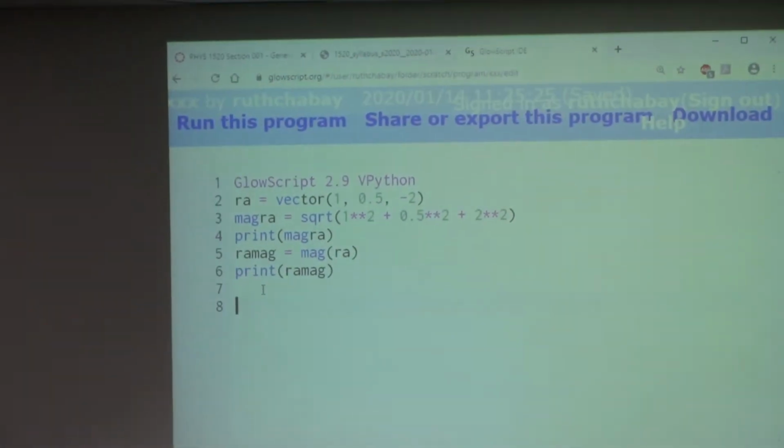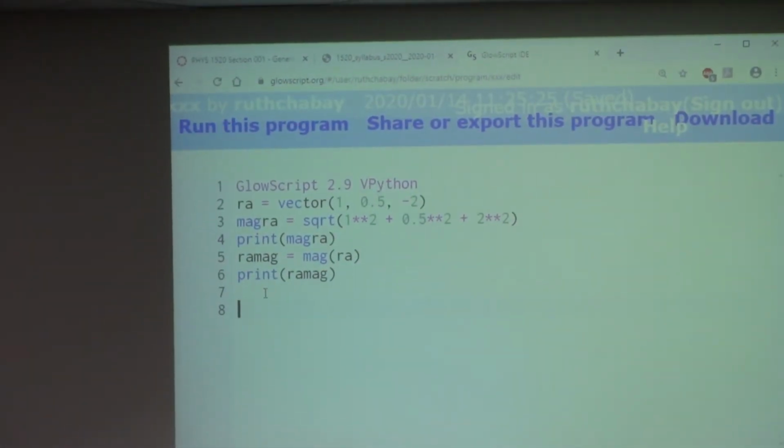Well, VPython makes your life simple, okay? So we can say RA hat is RA divided by the magnitude of RA, and print that.